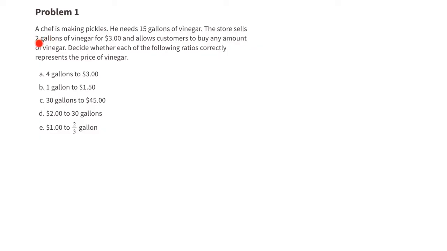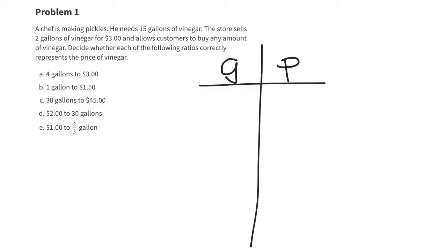So we have gallons and we have price, right? So let's put that into a table. Gallons and price. And we're given that initial information: 2 gallons is $3.